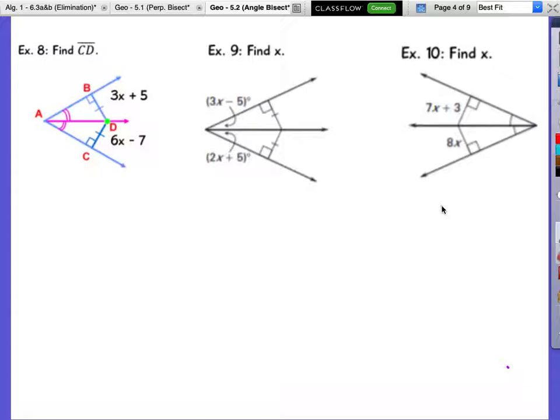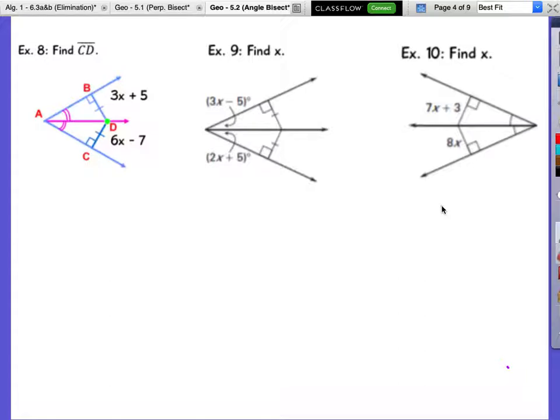So what do we know about DB and DC? They're going to be equal distances. So point D is equidistant from both of these sides of the angle. And since it's perpendicular distance, that's accurate. So what kind of equation can we do to try and figure out what CD is? Haley.